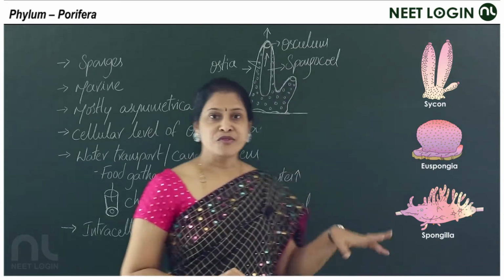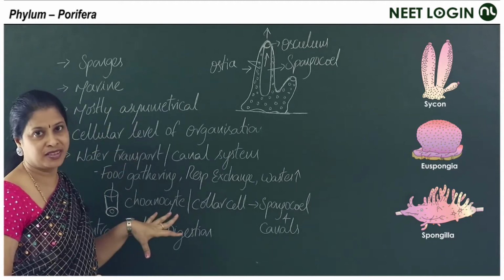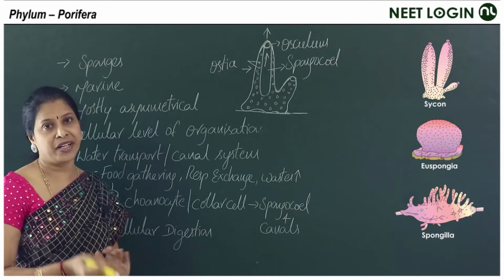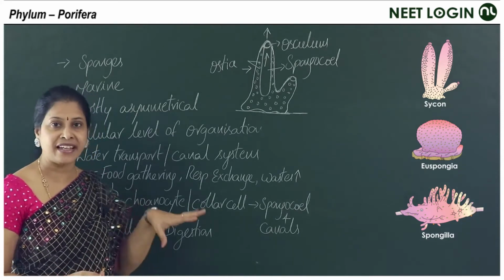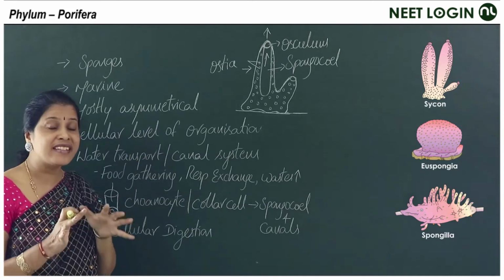They are generally marine. Some are in fresh waters, but mostly they are seen in the marine waters, in the oceans and in the seas. And the body is mostly asymmetrical.